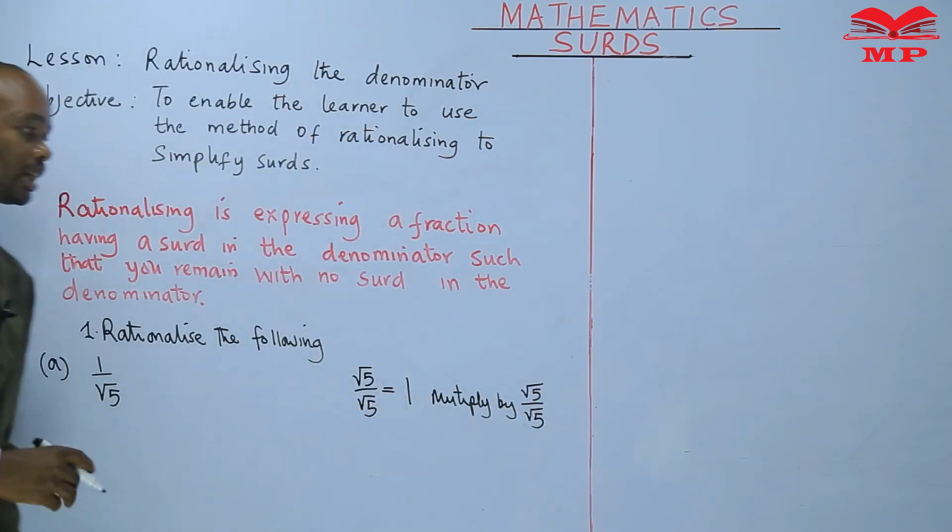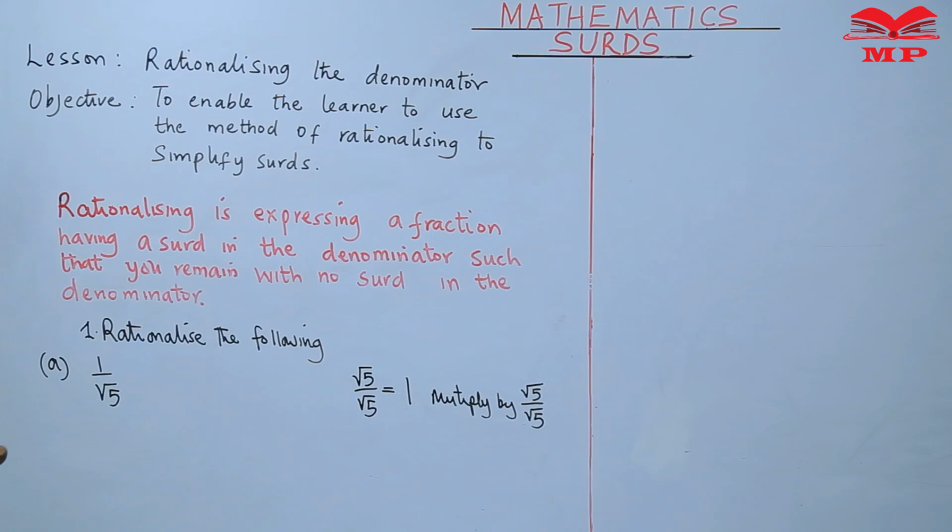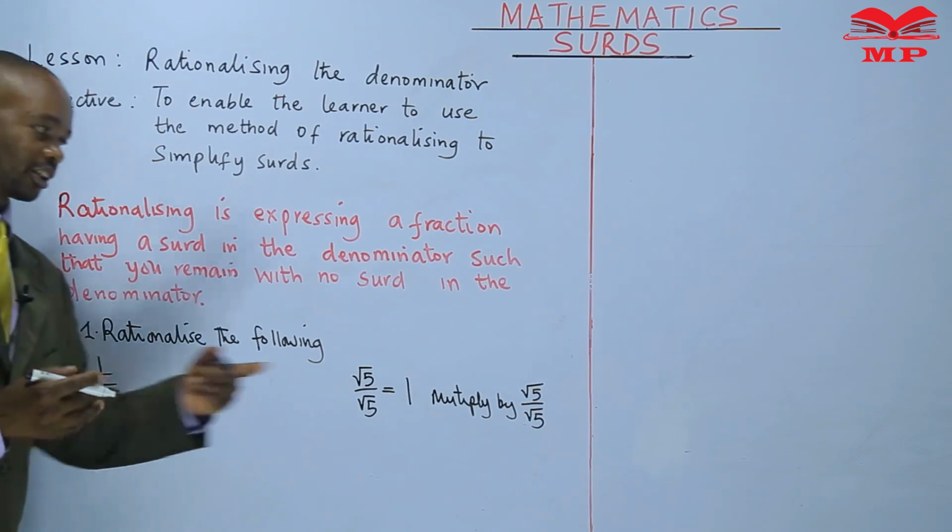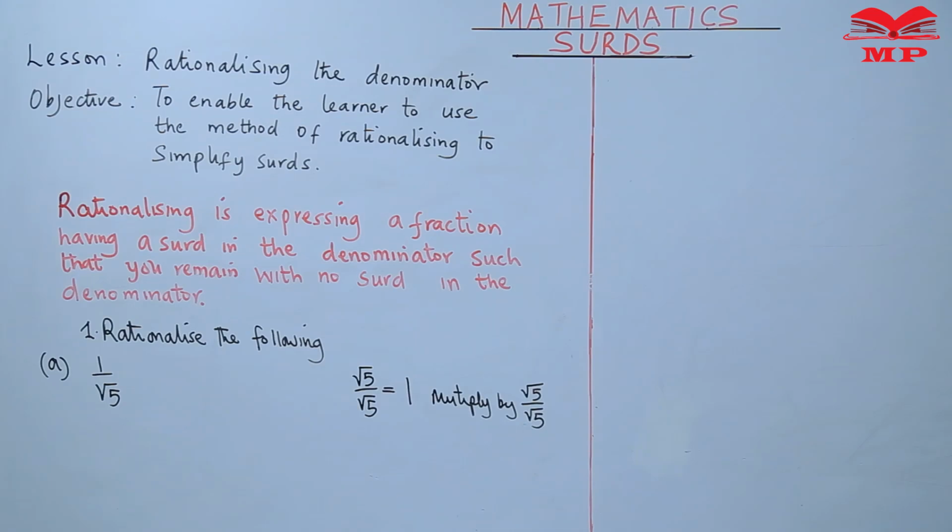When you multiply a number by 1, you don't change it. That's why the method is used to simplify.